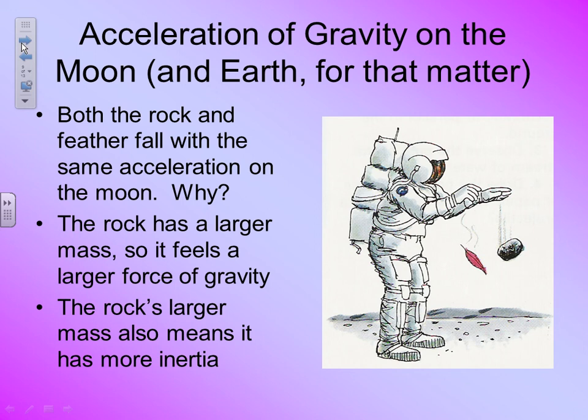So in the case of the picture on the right of your outline, the rock does feel a greater net force, but because it has a greater mass, those two factors cancel each other out, and we end up with the same acceleration.